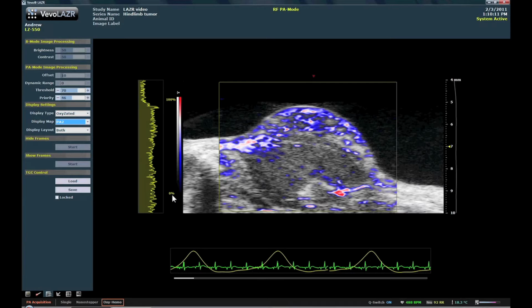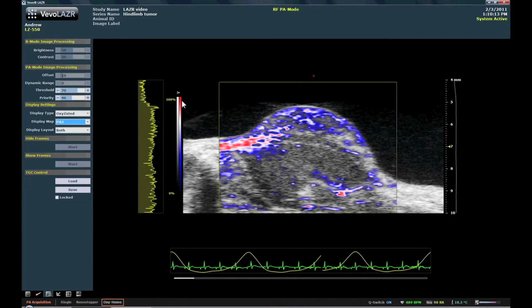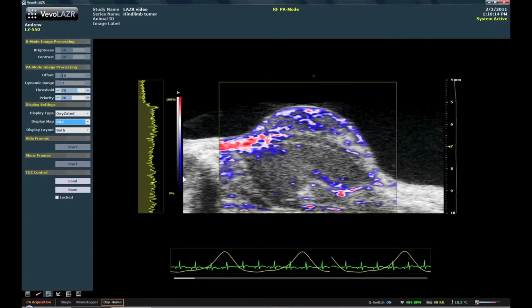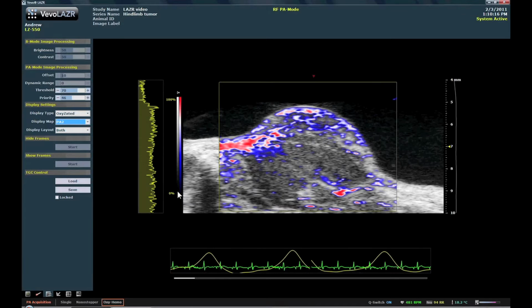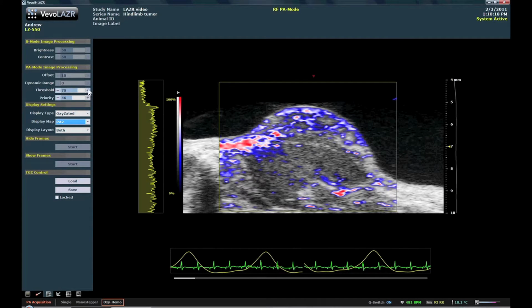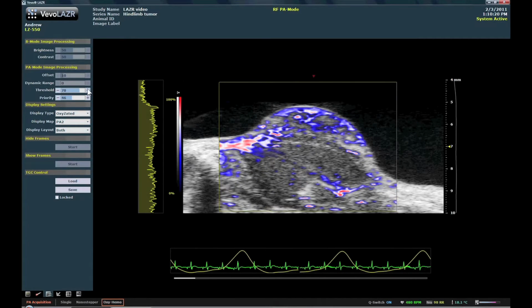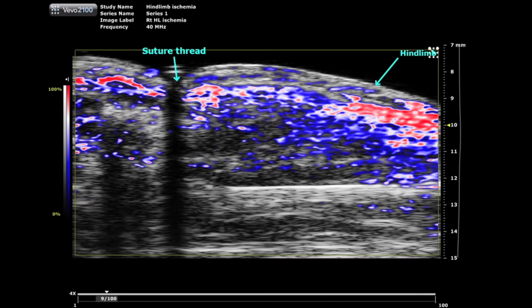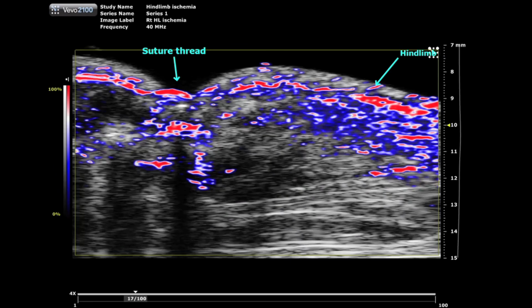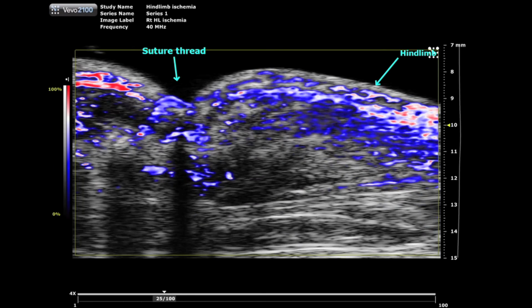The scale in millimeters on the right indicates the size of the tumor. Furthermore, the animal's physiology is displayed on the bottom of the screen with the ECG cycle in green and the respiration rate in yellow.